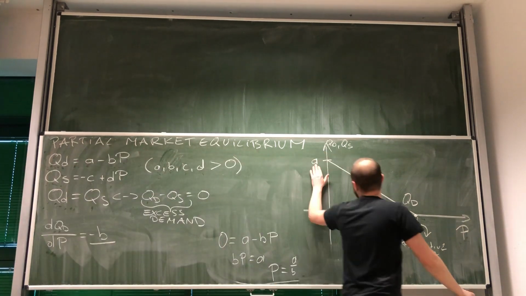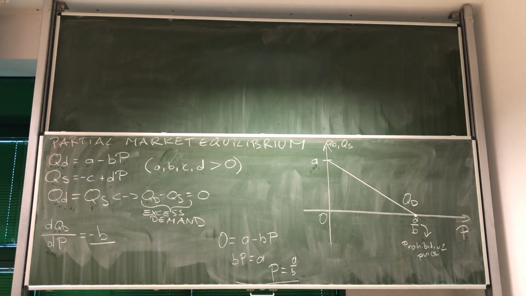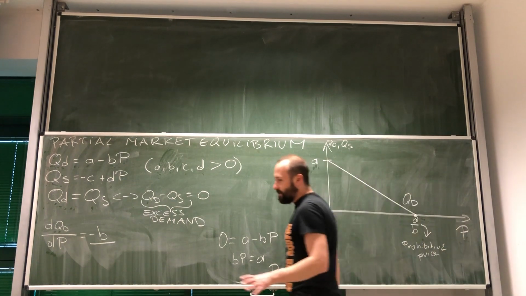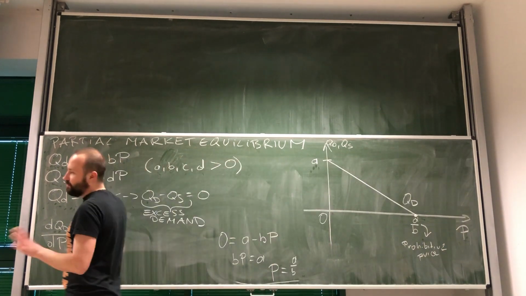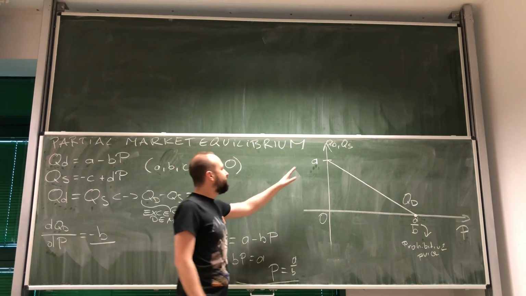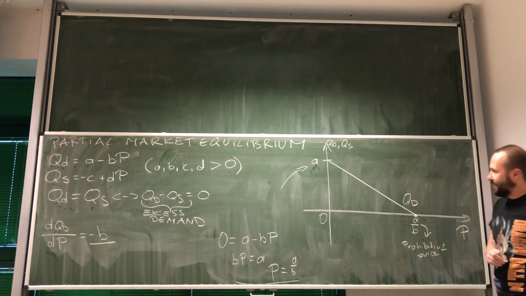So now the question is, what is this A in our example? Well, look, A in this setting is something that we usually call a catch-all variable. So everything that is not explained within this model but is relevant to it could be subsumed into A. What do I mean by that?